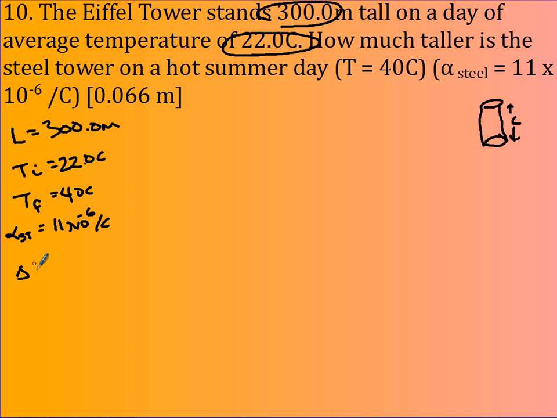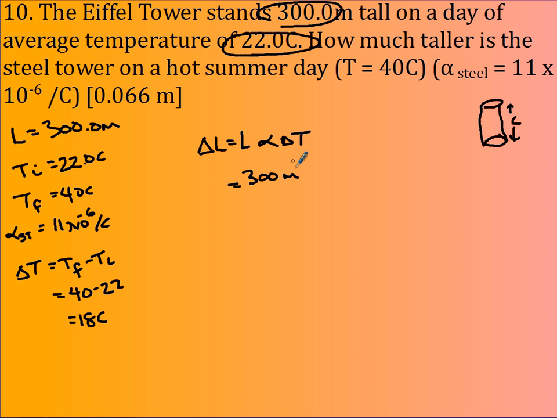Let's find delta T to start with. This is T final minus T initial. So this is 40 minus 22, which is 18 Celsius. So delta L is L naught or L initial, alpha, delta T. The original length is 300 meters. Alpha is 11 times 10 to the negative 6 per Celsius.